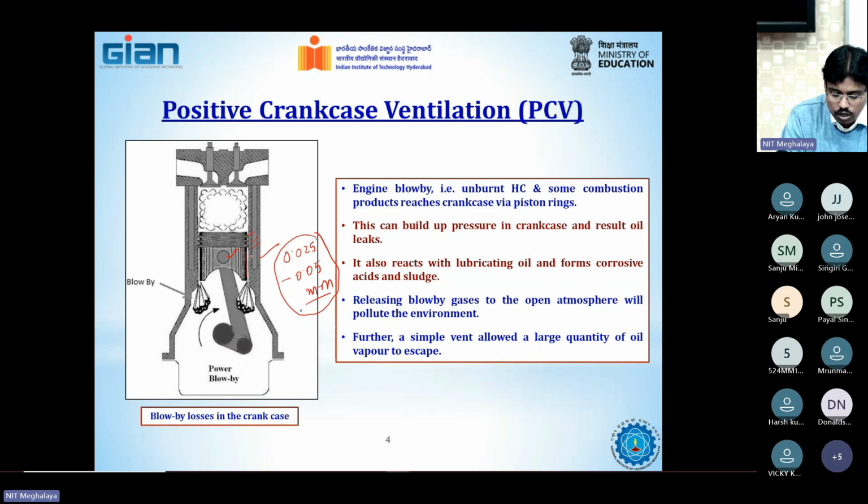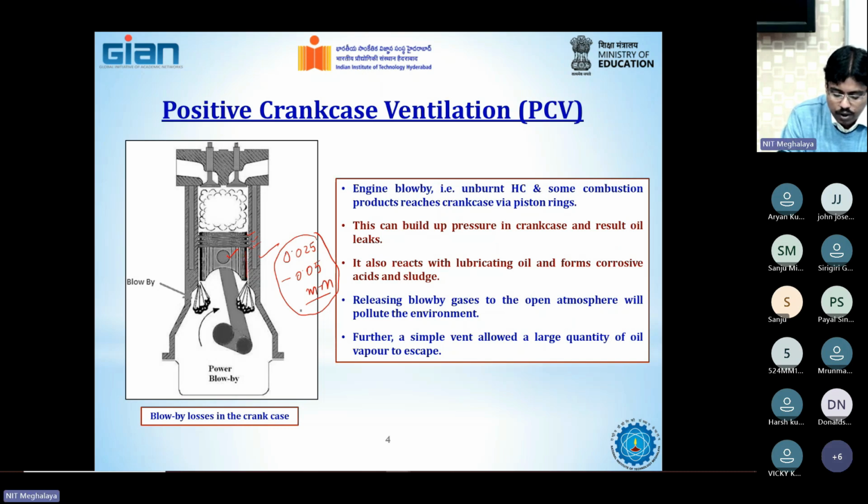Not only lubricate, it also acts as a cooling medium and tries to seal the gap. Why do I say try to seal the gap? Because the lubricating oil is liquid in nature, it cannot 100% leak-proof the piston and the cylinder. So there will be certain porous regions through which any gaseous material can pass.